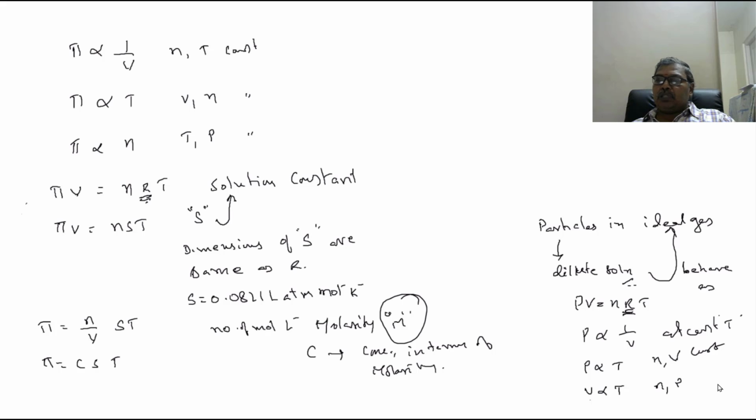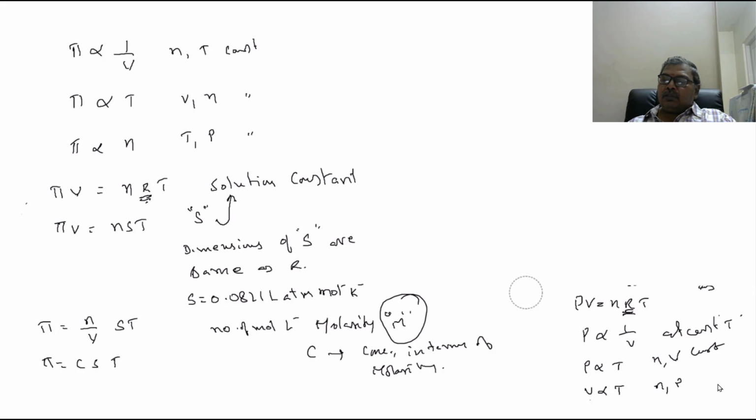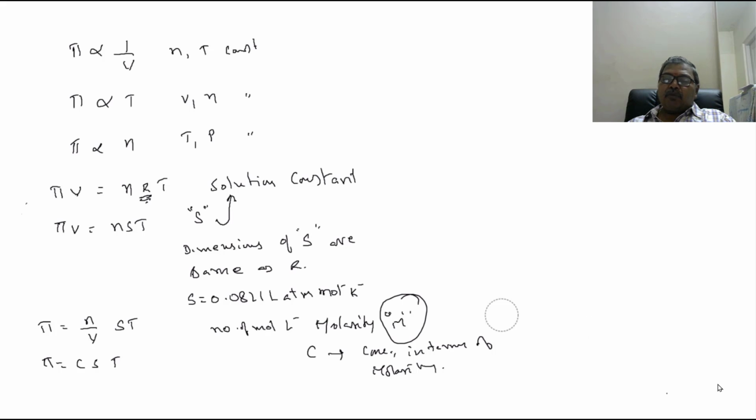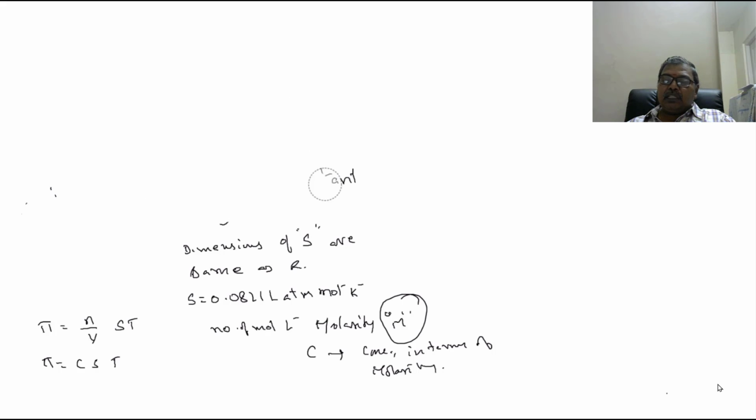S is the solution constant and T is absolute temperature, remember, and pi is osmotic pressure, right? So pi also depends on the number of solute particles, and as the number of particles of solute in the solution increases, osmotic pressure increases.